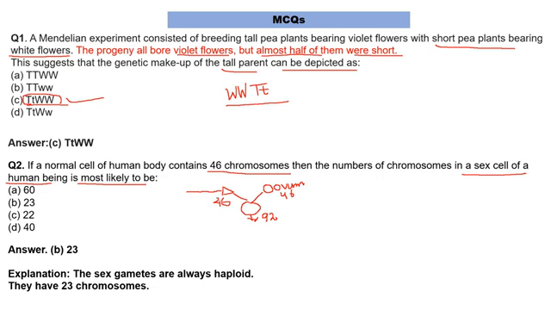And this number of chromosomes will keep doubling after every generation. So ultimately a dinosaur will be formed, which is not possible. So what nature has done, it has reduced the number of chromosomes in the gametes.